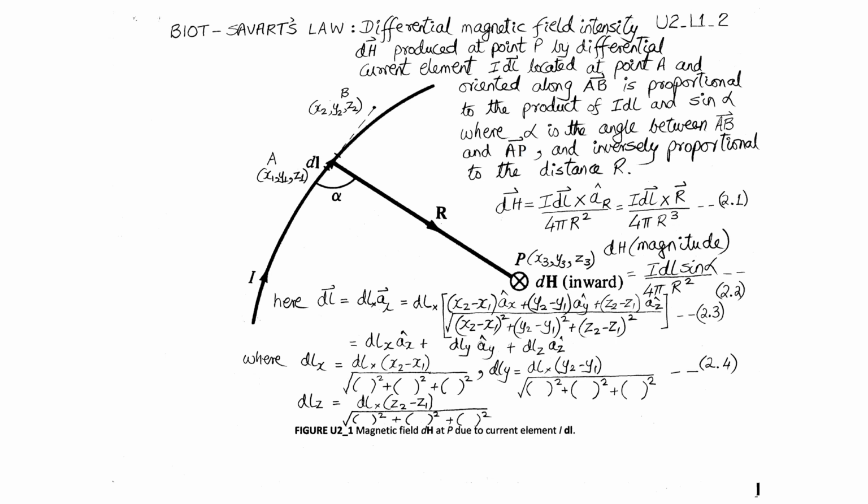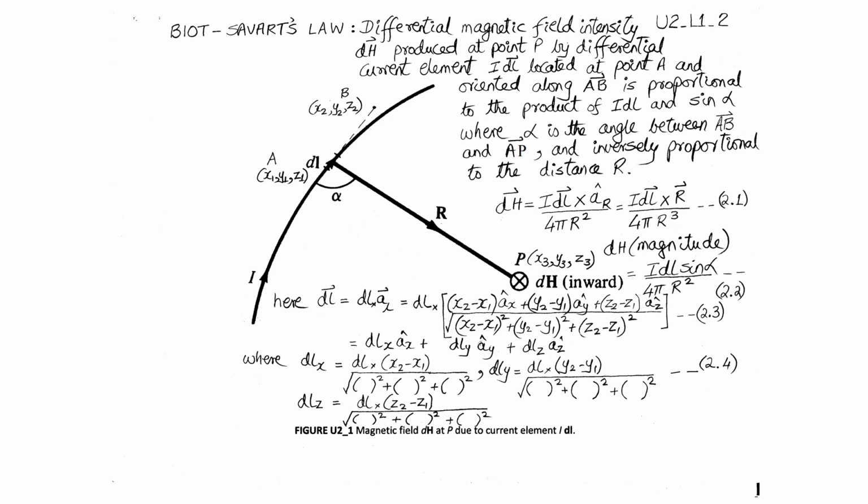Now, having stated Biot-Savart's law, we must now find out how to apply this so as to evaluate the field dH due to IDL. The first stage is to calculate what is dl vector. Now, dl vector is given in equation 2.3.